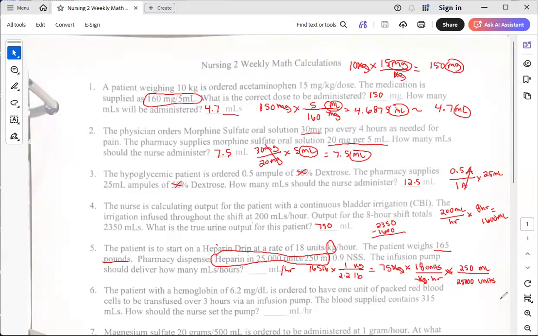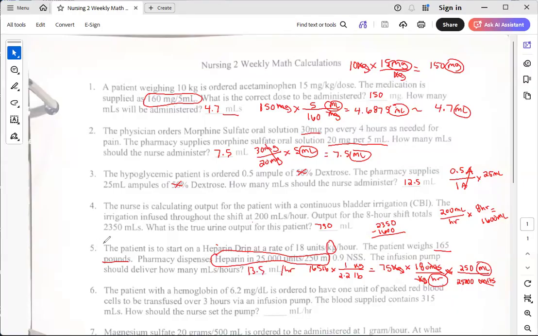A common mistake is you put too many or too few zeros. So double check. Sometimes it's helpful to run it through your calculator twice just to make sure you're getting the same answer. After I've canceled out everything, and I know that I'm getting what I'm looking for, which is ml per hour, I get an answer of 13.5 ml per hour.